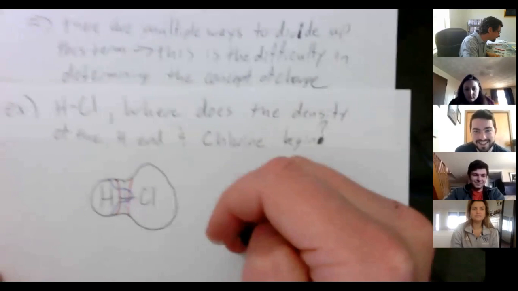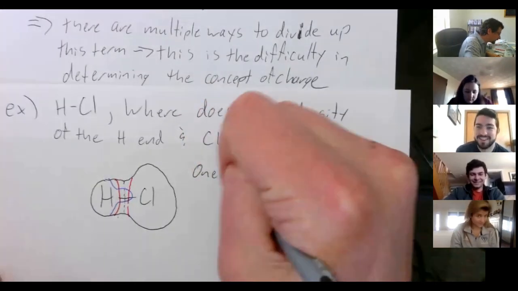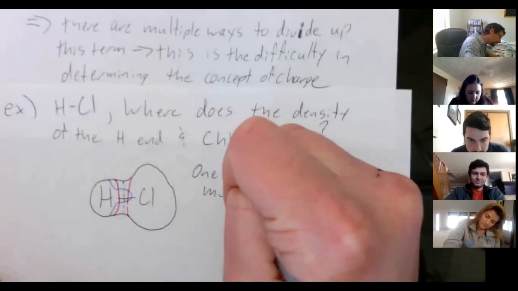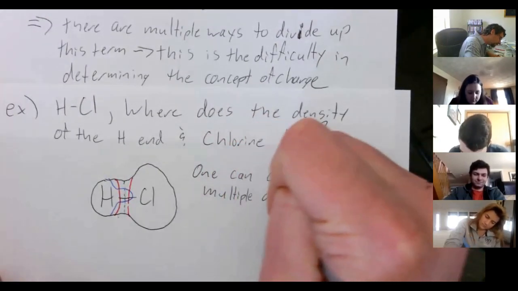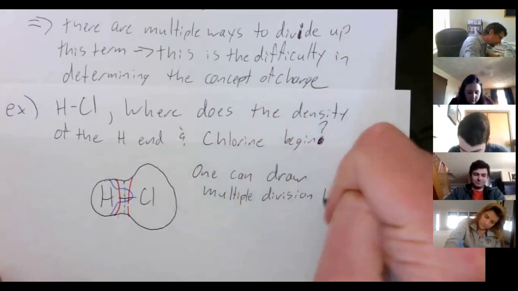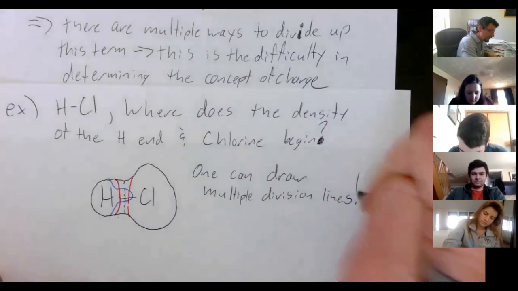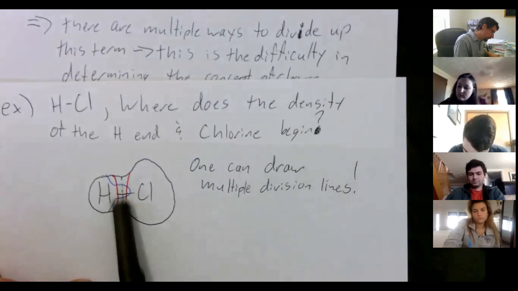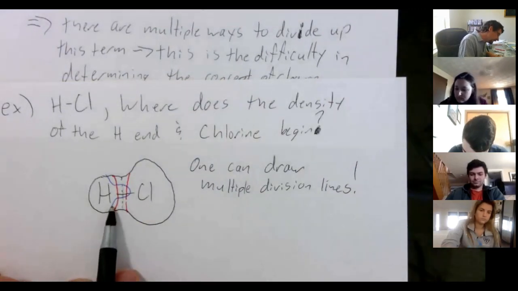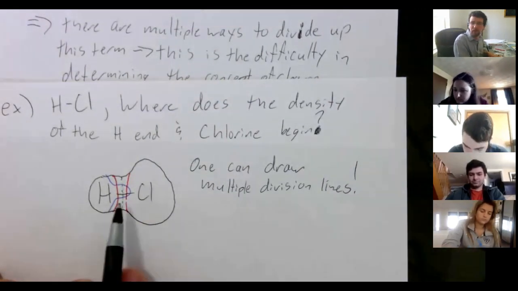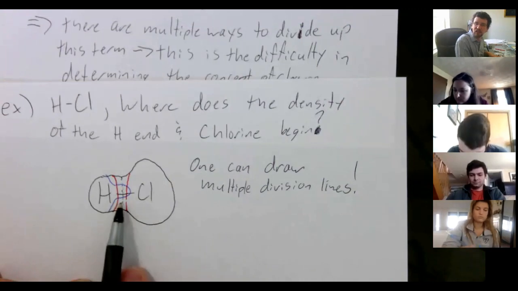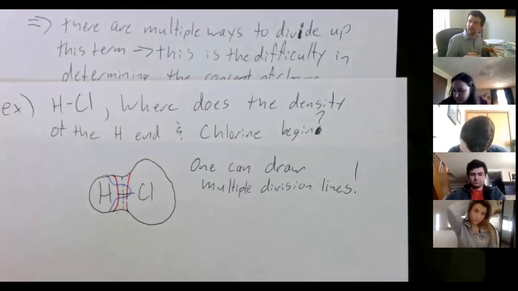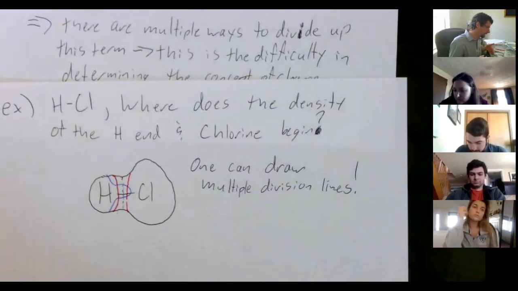That's the point. One can draw multiple division lines, and we have a good idea of which one makes more sense. We say probably either this blue one or this red one make more sense than that dashed line or that red one. But we can't really agree on where it ends and where it begins.